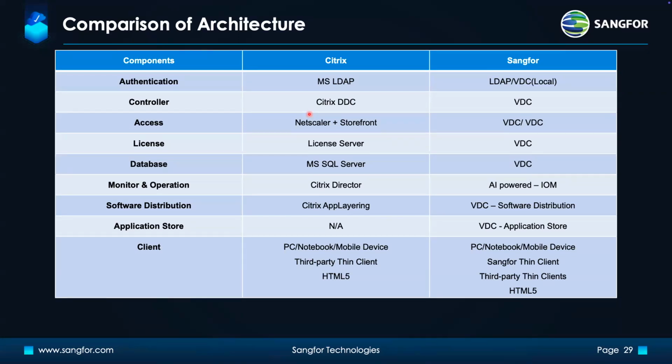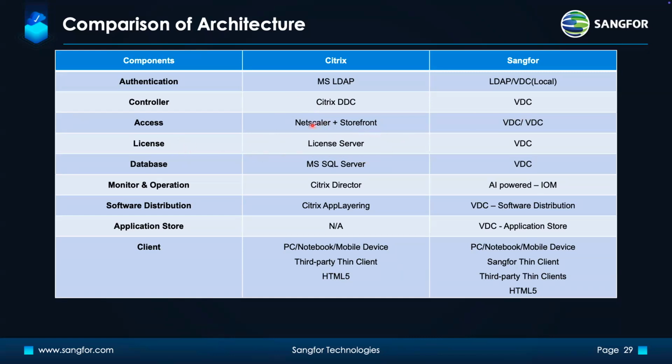And if you want to maintain HA, you have to invest in two licenses, two virtual or physical appliances, which is extremely expensive. And then the web interface where the authentication or resources will be seen is done by NetScaler and StoreFront, whereas in Sangfor, it is again within the VDC.